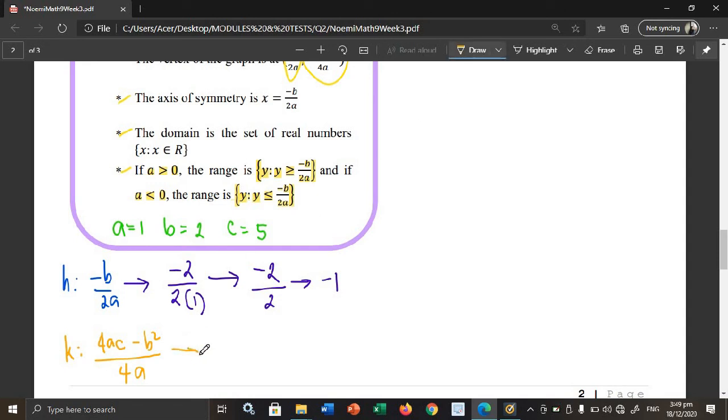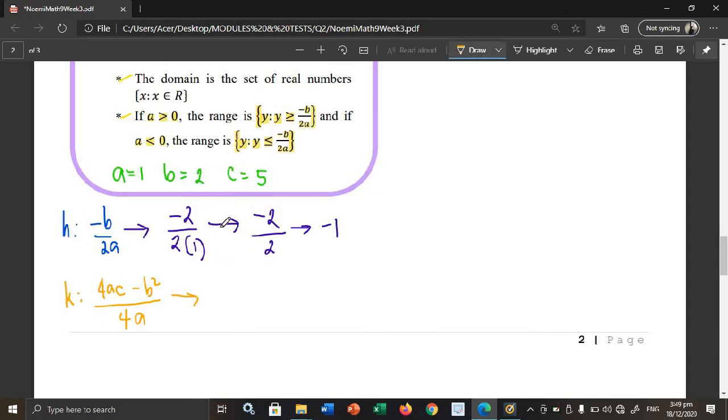Next is the value of your k. Again, substitution lang tayo. No? So we have 4, and then the value of your a is 1, c is 5, minus b squared. So we have 2 squared all over 4 times 1. Then simplify lang natin sila. Okay, so 4 times 1 times 5, that is equal to 20, minus 2 squared, that is equal to 4, over 4 times 1 is 4.